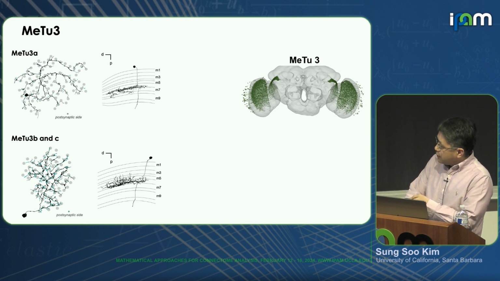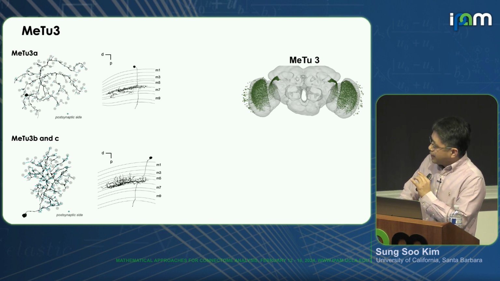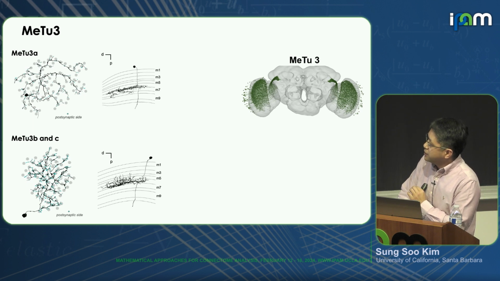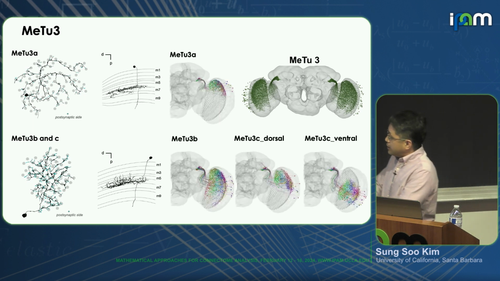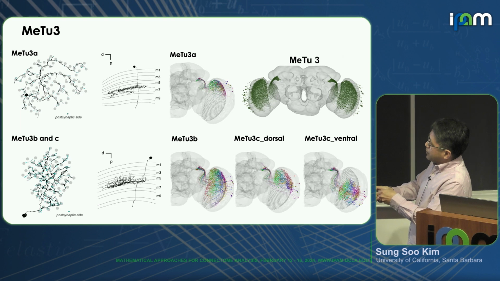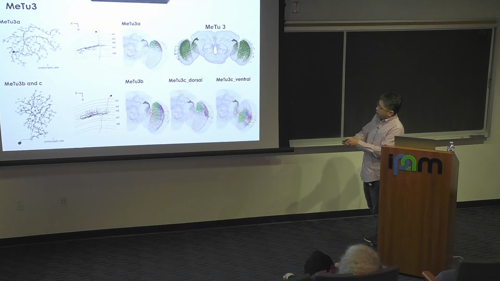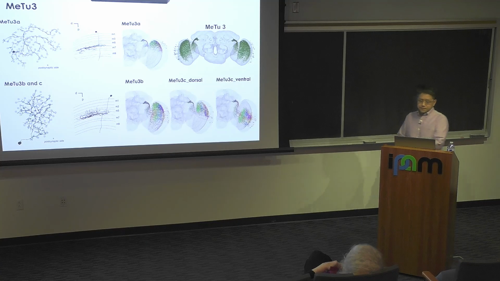But the key feature of this population that I want to talk about is actually MIT2-3C, the third subtype of MIT2-3 neurons. And you can see that MIT2-3C dorsal has innervation in the dorsal part of the medulla, and MIT2-3C ventral has innervation on the ventral part of the medulla.